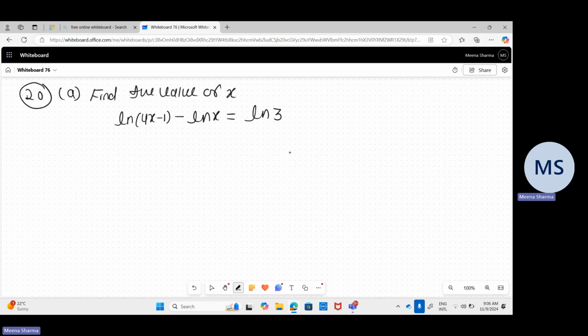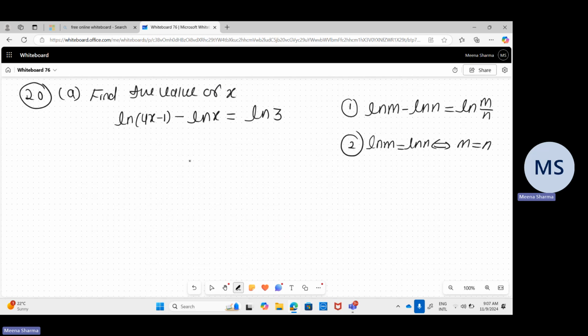To solve this natural logarithmic equation, we have to use some formulas. The first formula: ln m minus ln n, we can write as ln of m upon n. The second formula: if ln m equal to ln n, then m equal to n.